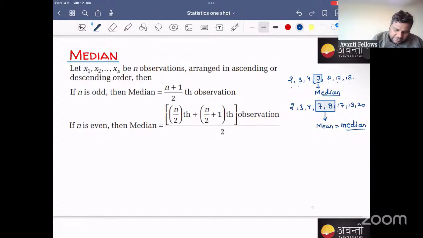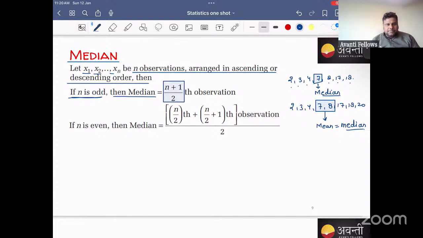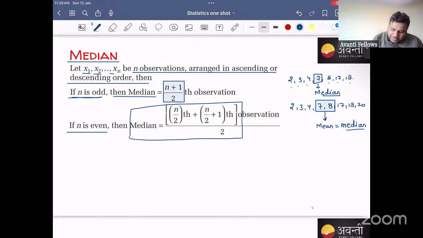So let x1, x2, xn be the n observations arranged in ascending or descending order. Then if n is odd, median is what? The (n plus 1) upon 2th observation. Got it? And if n is even, then median is what? The n by 2th plus (n by 2 plus 1)th observation, and the mean of that.